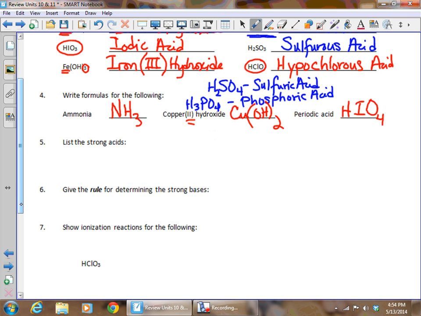Now, as far as listing the strong acids, you have to recognize them. I'm not going to make you list them and recall them, but you do have to recognize them.